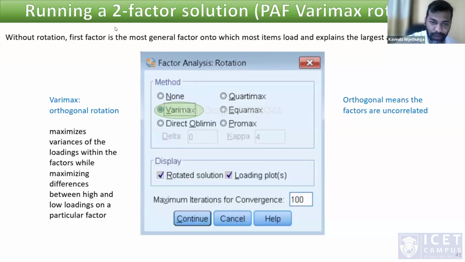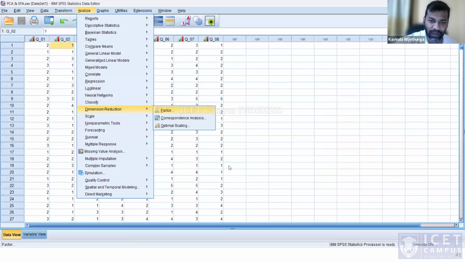Extraction method is principal axis factoring. Number of factors equals 2. Then for the rotation method I'm going to use varimax rotation. Number of iterations 100. Continue, loading plots also. Right.